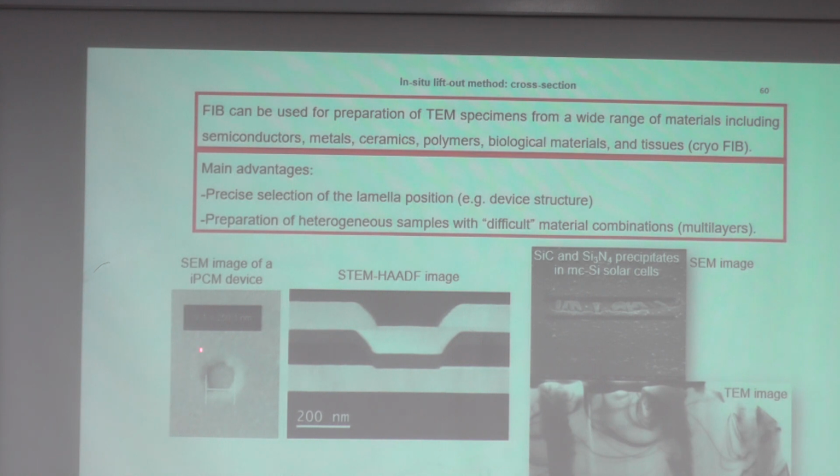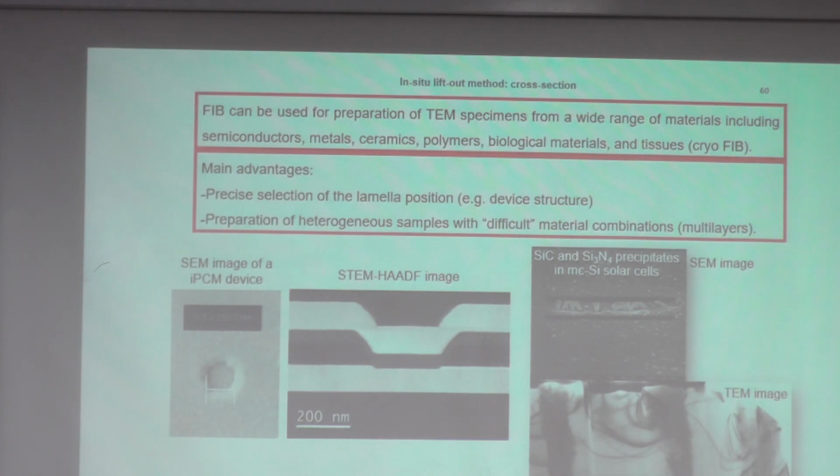If you have a device with a size of 250 micrometers and want to use conventional specimen preparation based on ion beam milling, then you cannot get this. It will be very difficult to get this feature into a TEM specimen because you don't know where you cut.